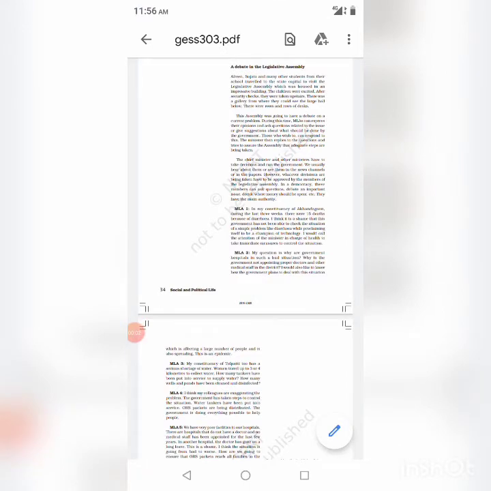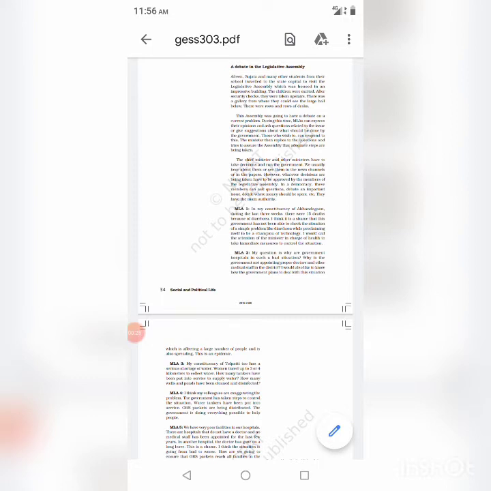Now, a debate in the Legislative Assembly. A Legislative Assembly is a place where all the MLAs, whether from the ruling party or from the opposition, meet to discuss various things. Some MLAs have dual responsibilities, one as an MLA and the other as a minister.